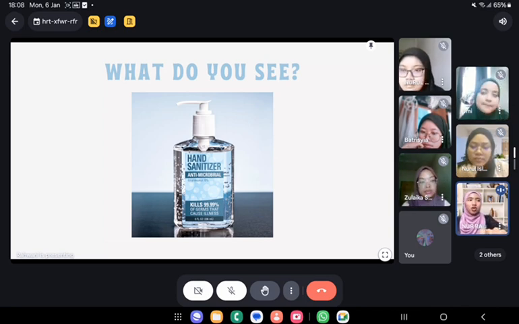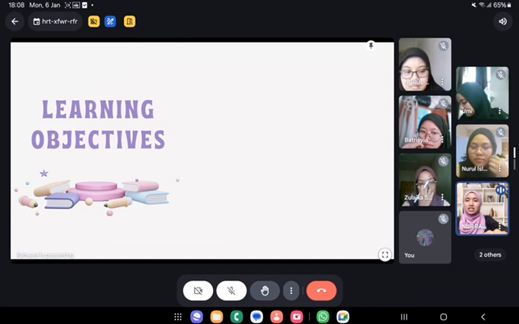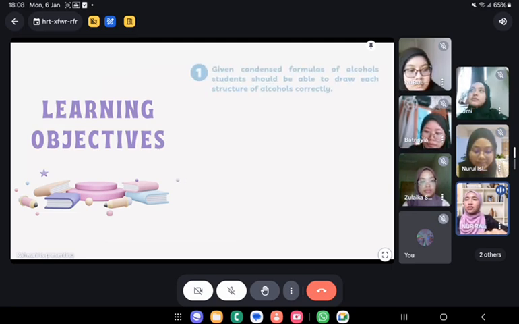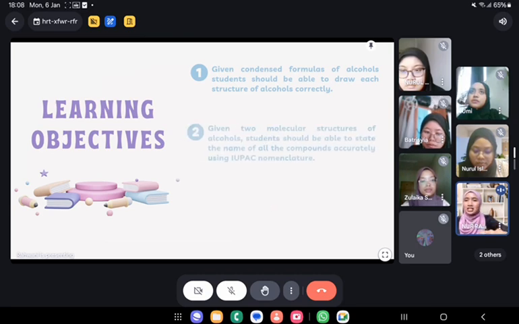and we're going to learn about the structure and how to name each alcohol compound. So before we start with our lessons, let's take a look at the learning objectives that I hope you are able to obtain by the end of my lesson today. First, when given a condensed formula of an alcohol, you should be able to draw the structure of the alcohol correctly.